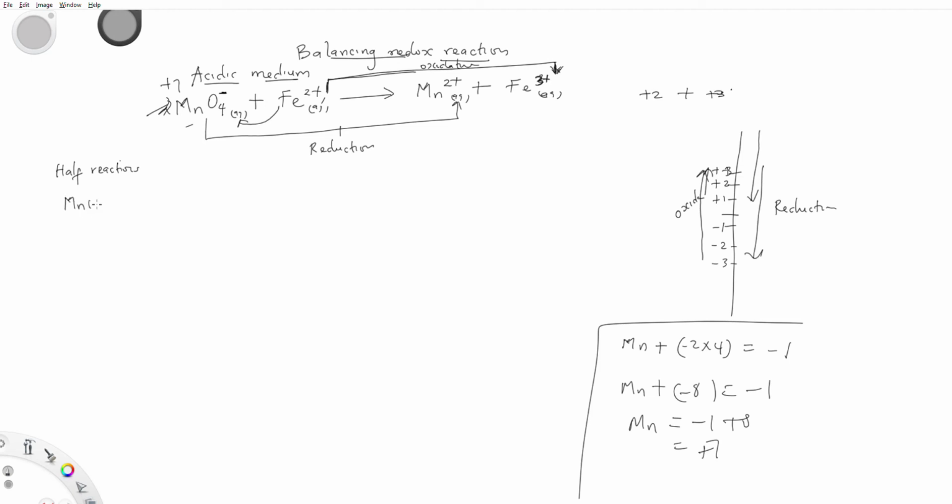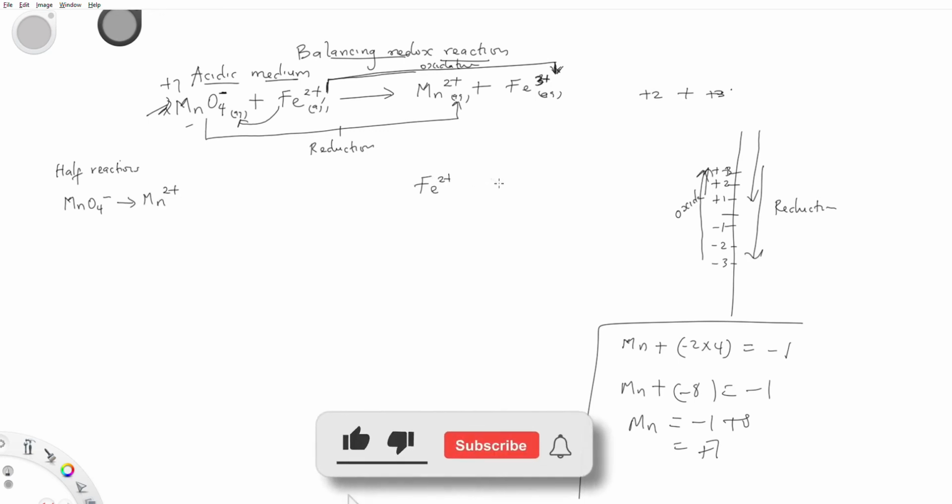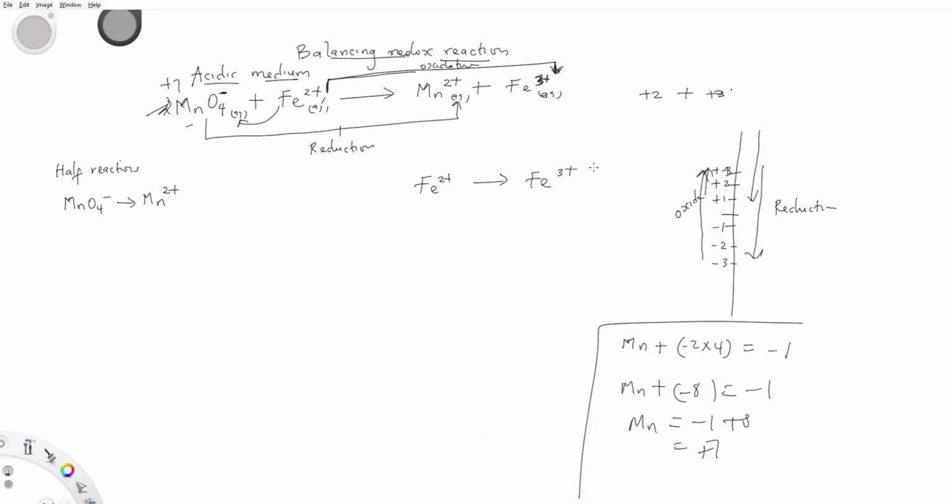So MnO4 minus goes to Mn2 plus, and you have the other side Fe2 plus goes to Fe3 plus. And then the next step is, if you have oxygen or hydrogen in the reaction, you balance them. And how do you balance oxygen? You balance oxygen by adding water, and you balance hydrogen by adding hydrogen ion.